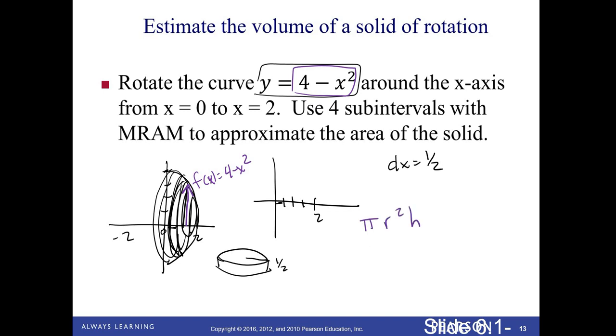Okay, I'm going to get a new screen. So pi r squared h, I'm going to add up a whole bunch of those. Pi is a constant, h is my 1/2, and I want my function, or my radius, squared. 4 minus x squared, squared. And I've got to add up a whole bunch of those to get my volume.